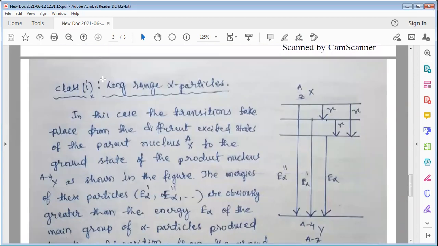Class 1, we are dividing this class as the long range alpha particle. In this case, the transitions take place from the different excited states of the parent nucleus X, which has mass number A, to the ground state of the product nucleus Y. Y is called the product nucleus, which has mass number A minus 4, as shown in the figure.